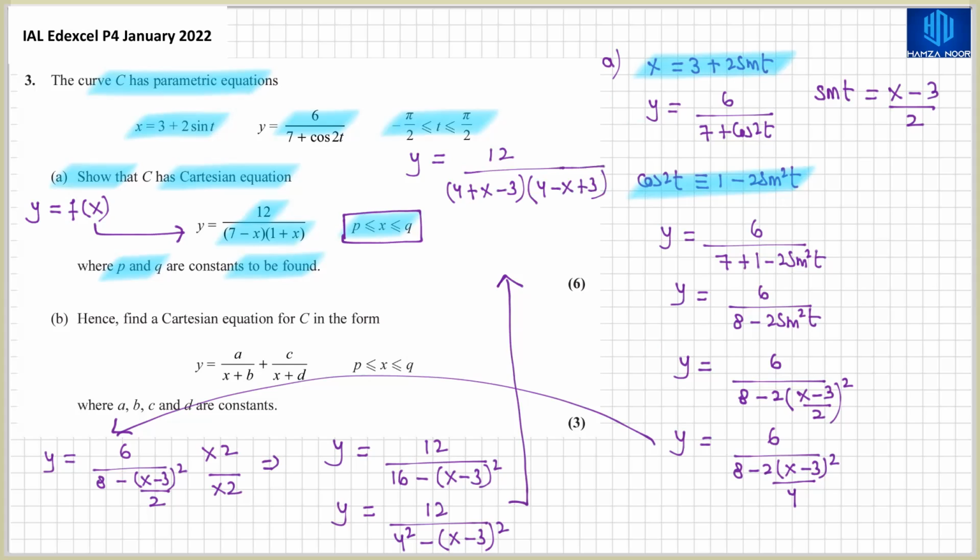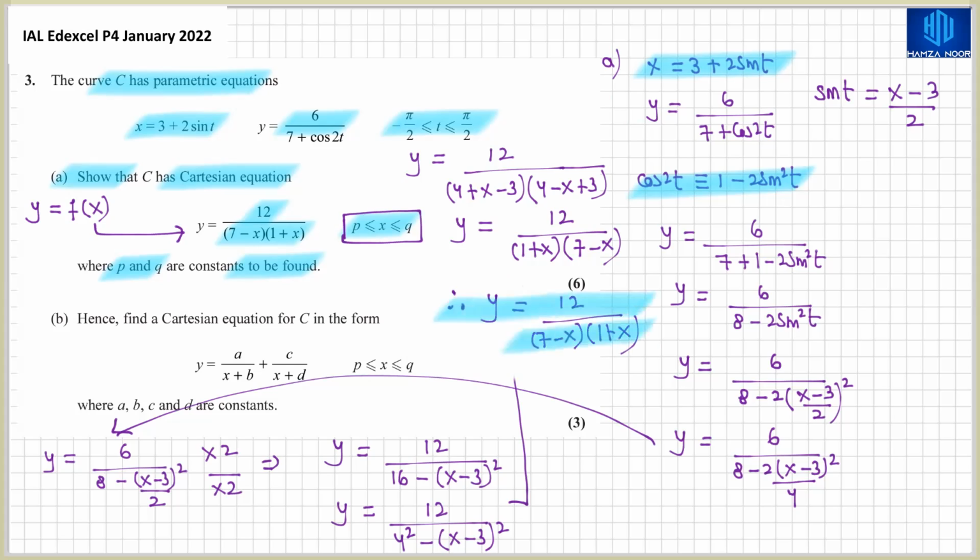So far, we have achieved this. Therefore, y is equal to 12 divided by (1 plus x) times (7 minus x). Hence, we have shown that y is equal to 12 divided by 7 minus x times 1 plus x. This was required to be shown.